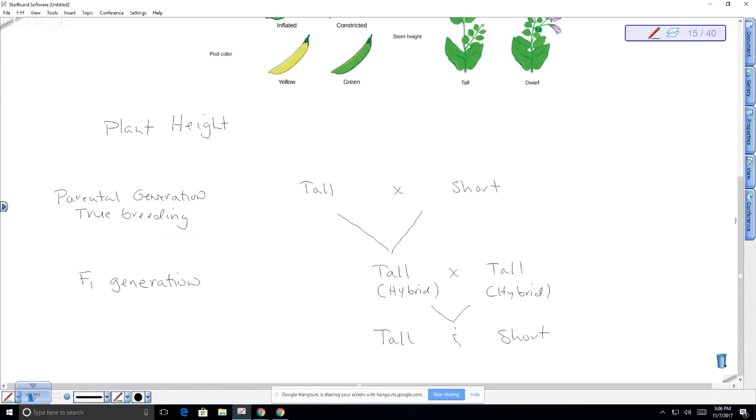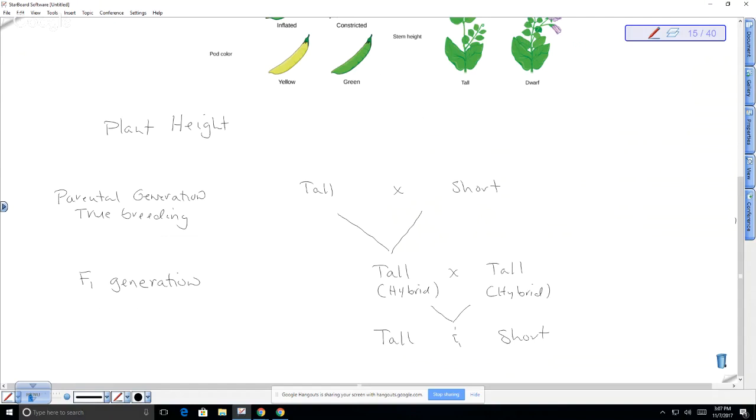So that does not support the blending theory either because this came back out. Once it was blended, it shouldn't come back out. So, it came back out, right?